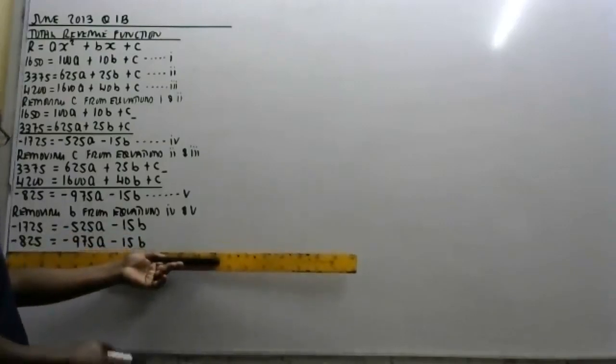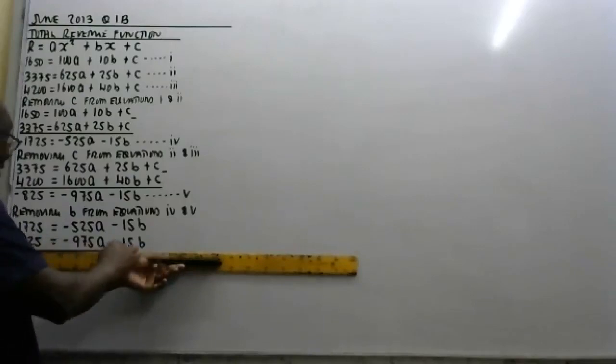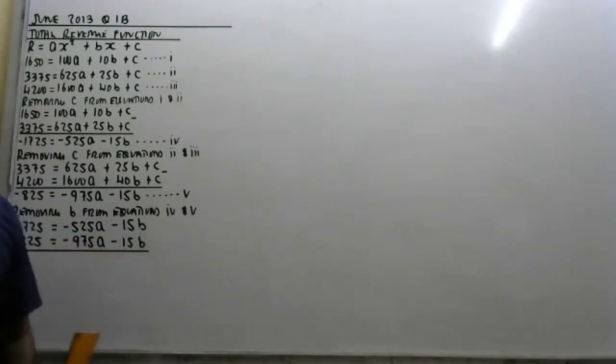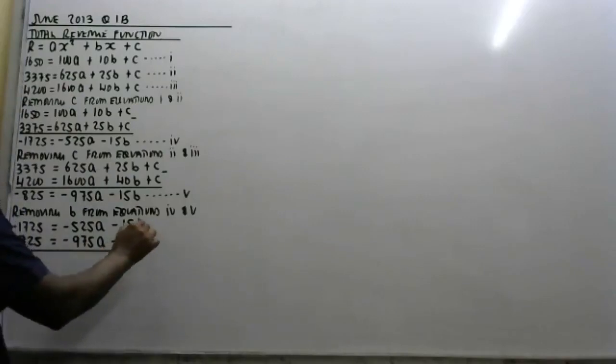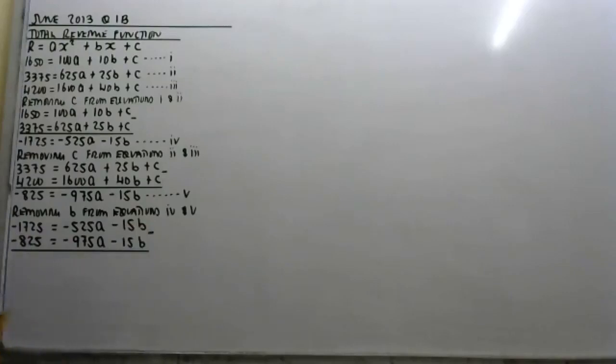Now that these two are connected by the same sign, we subtract. So when you say subtract, minus 1725 minus 825, we are left with what? Negative 900. This other one we are left with positive what?